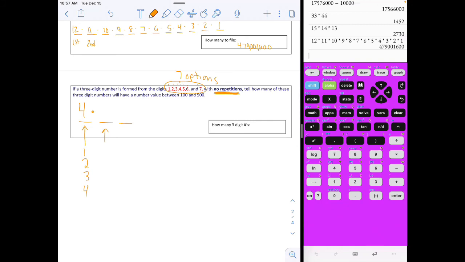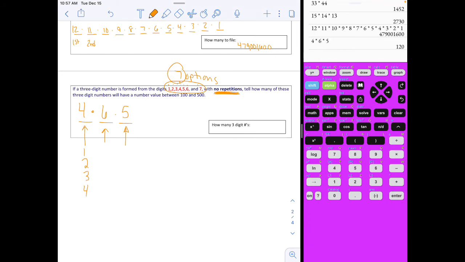However, because I'm going to be using one of them in the first spot, I'm actually down to only 6 options, because I used one in the first spot and it says I can't repeat. And then for this last number, because I used one from before, instead of having 7 options, remember the last one got me down to 6 options, this one's going to get me down to 5. So it's 4 times 6 times 5, which is only 120 different numbers.